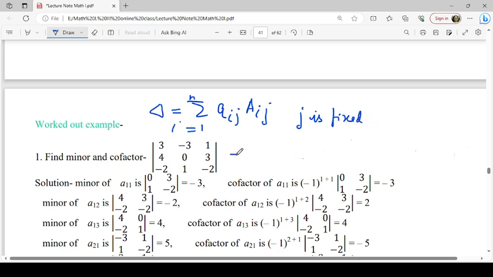Also, if i is fixed, it is the summation of aij times the corresponding cofactor, where we vary j from 1 to n. Here we keep i fixed.